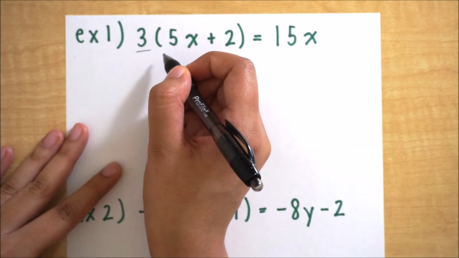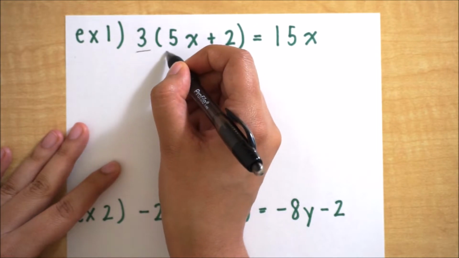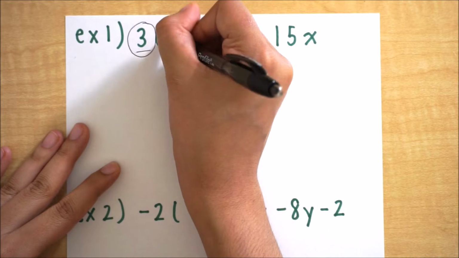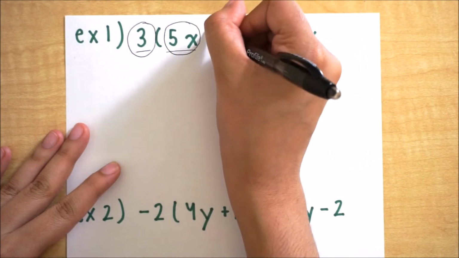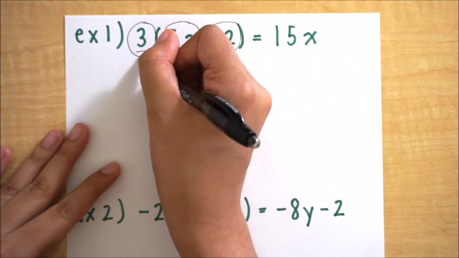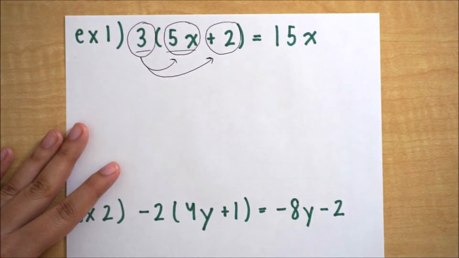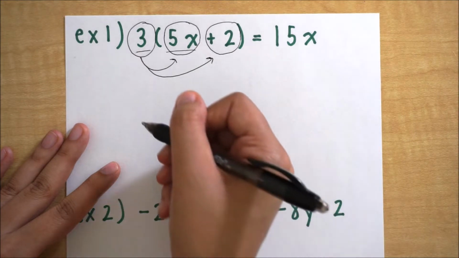So here we have to first distribute. So we have to do 3 times 5x and 3 times positive 2. I always associate the sign with the number. So I've created these little bubbles and we're going to multiply these bubbles together.